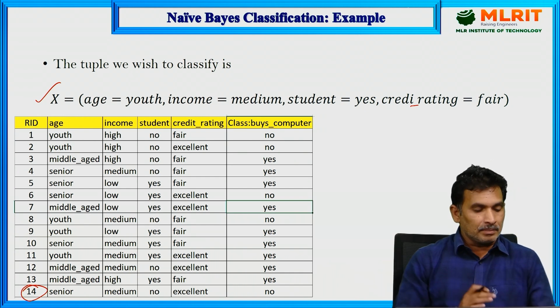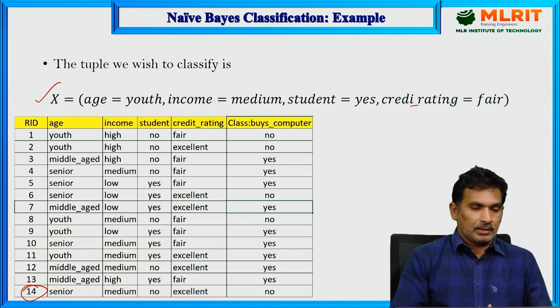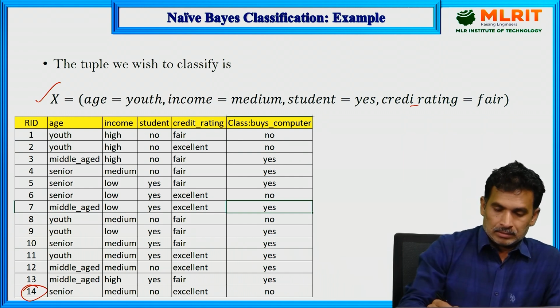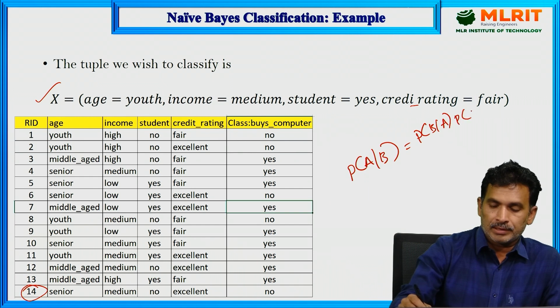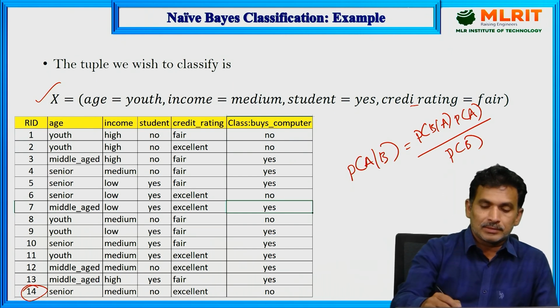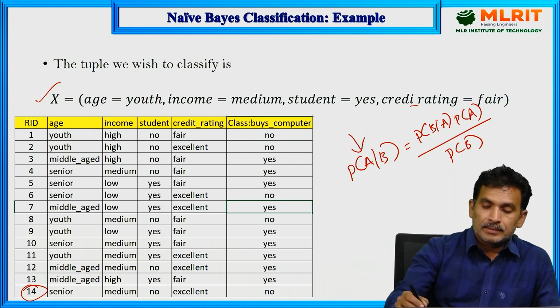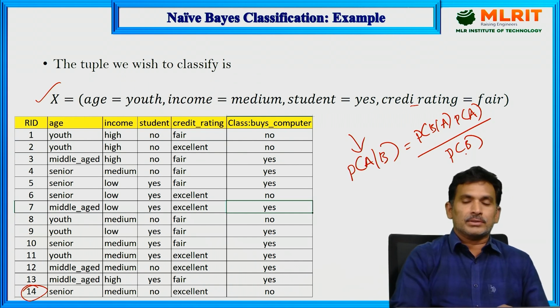It is a very simple classification once you understand the Bayes theorem, that is, probability of A given B equals probability of B given A times probability of A over probability of B. Here we need to understand what these terms are. This is the posterior probability, and these two are the prior probabilities, and this is also called the normalizing constant.